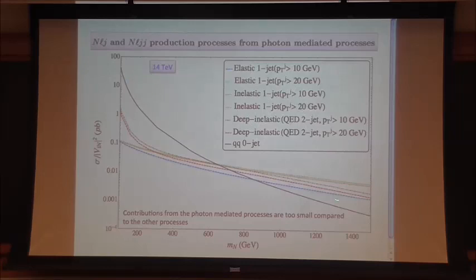But all these photon-mediated processes are much lower than the quark-initiated processes like QQ bar prime, QG, and the GG processes. So considering these processes alone will not be a good idea to produce the heavy neutrino. If we add these photon-mediated processes, we get very little enhancement in the production cross-section.